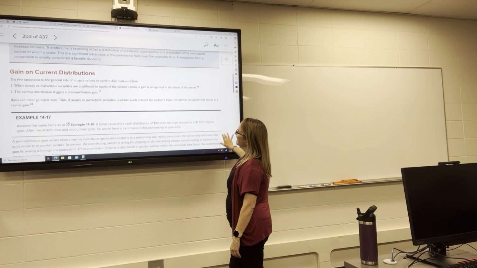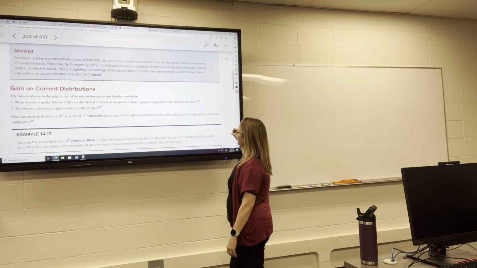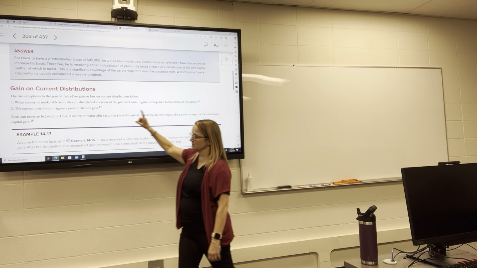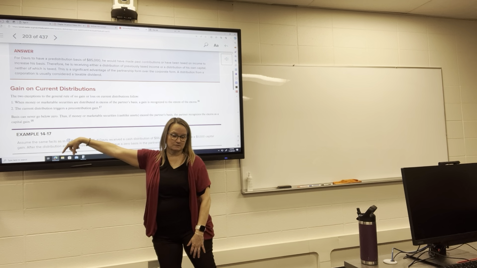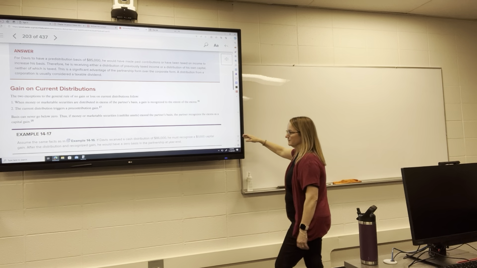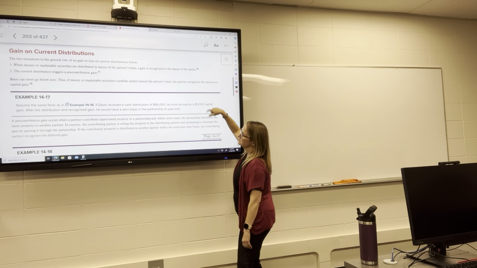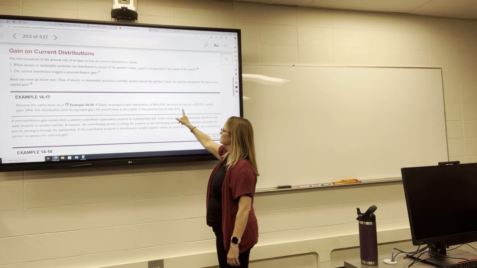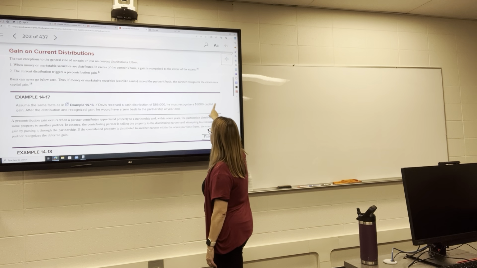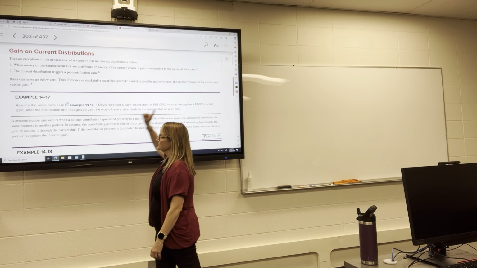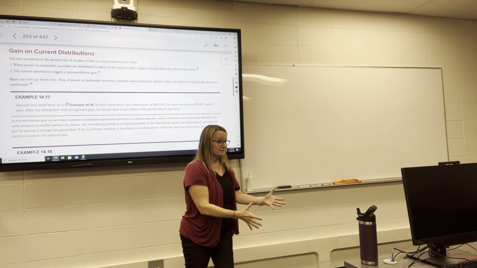And if they recognize the excess, then it's a capital gain. So it's not ordinary income, it's a capital gain. Here, same example as before, but his distribution was $86,000. Then he's got to recognize $1,000 of capital gain, so it's going to be taxed.